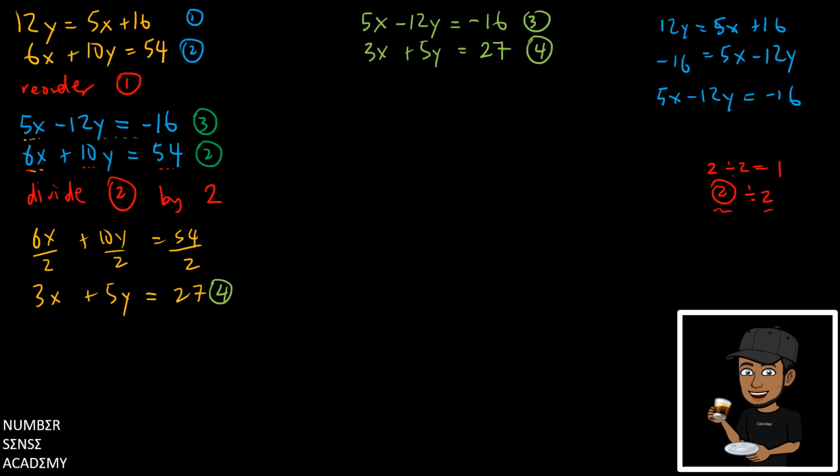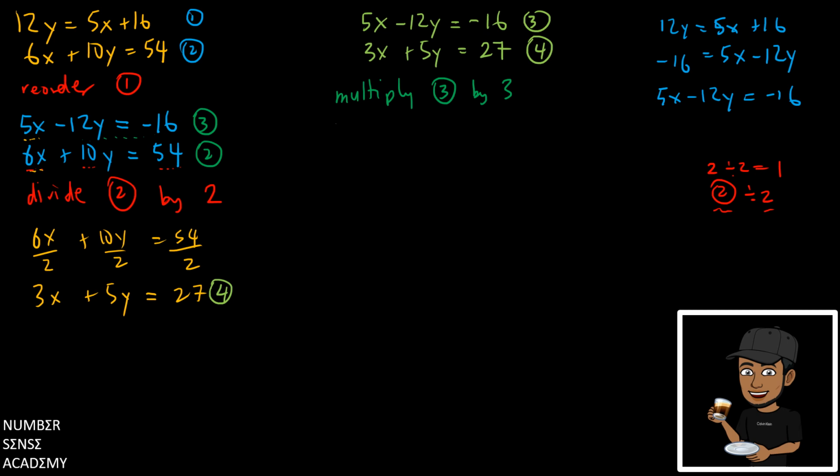Now I'm going to make the x coefficients equal. And I'm going to write down both rules. I'm going to multiply equation 3 by 3.